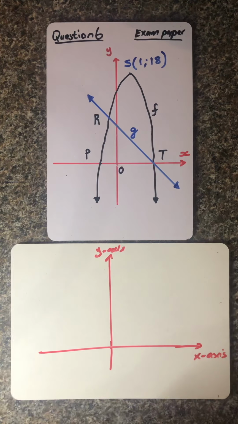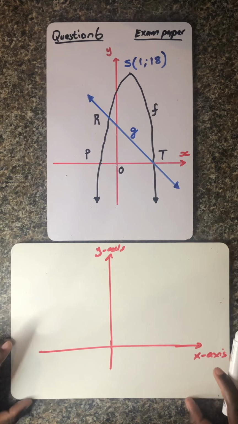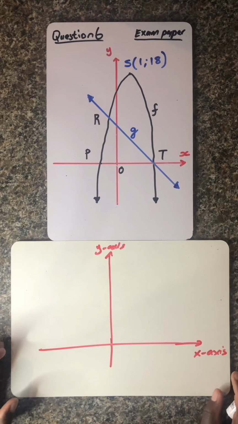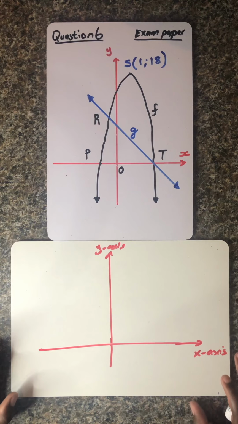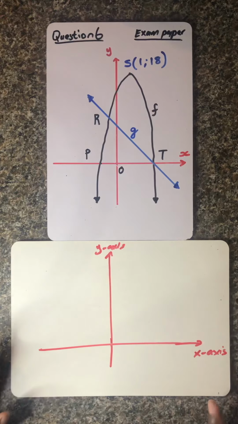Most importantly, you should be able to identify and distinguish your axes versus the functions. That's why I used different marking pens over there, so that you have a better understanding of what is the function and what are the axes.